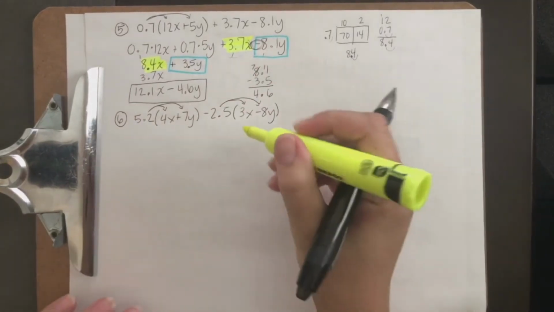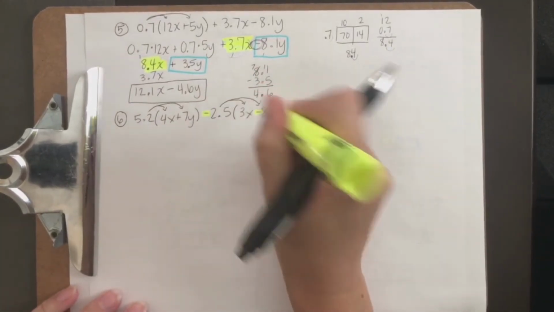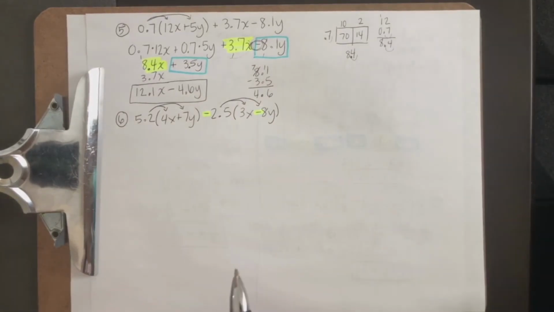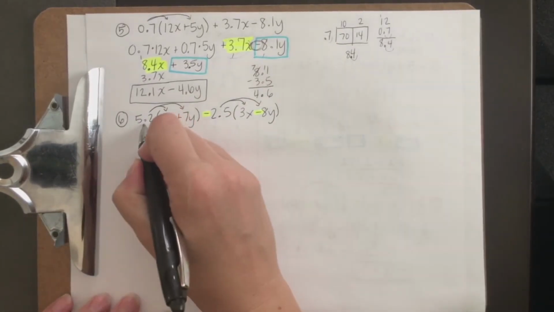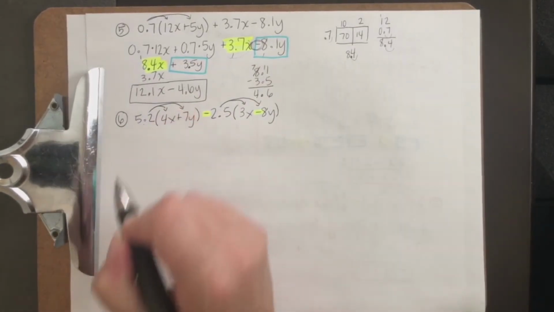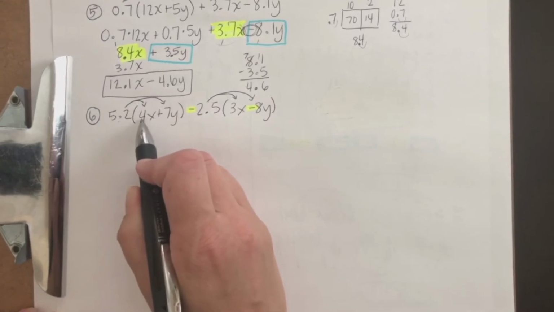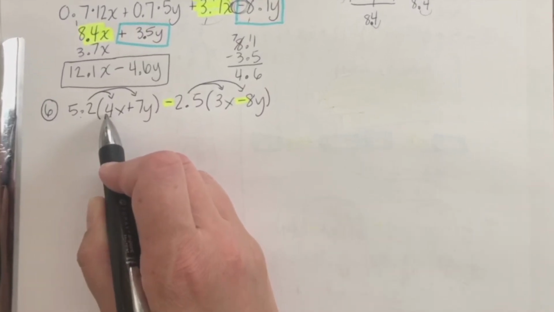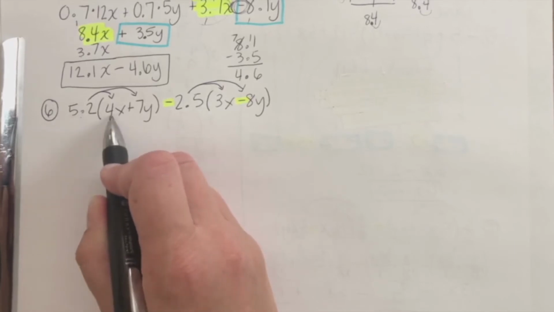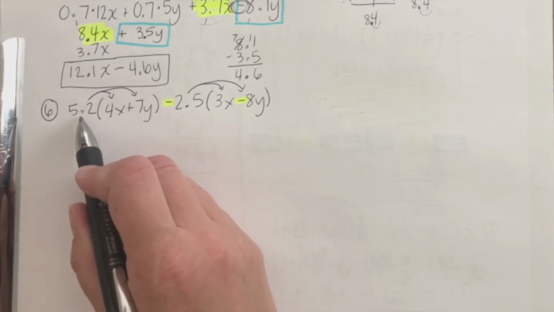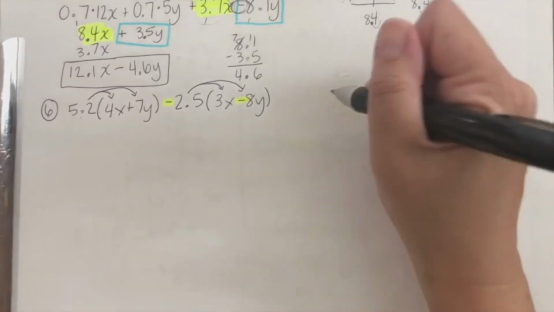And I'm going to highlight this negative and this negative so that I don't miss those. 5.2 times 4. Ooh, this is a good opportunity to try out some mental math. 5 times 4, okay, it's 20. And then 2 times 4, okay, that is 8. So we're going to have 20.8.